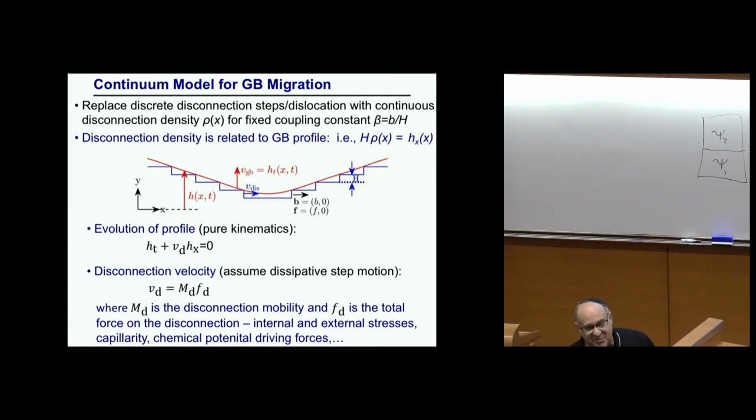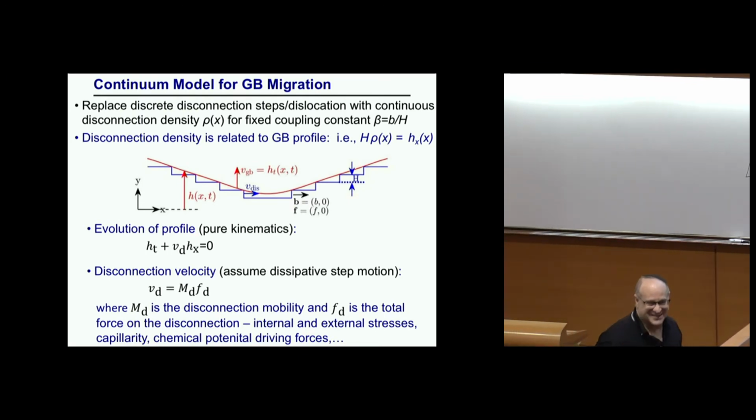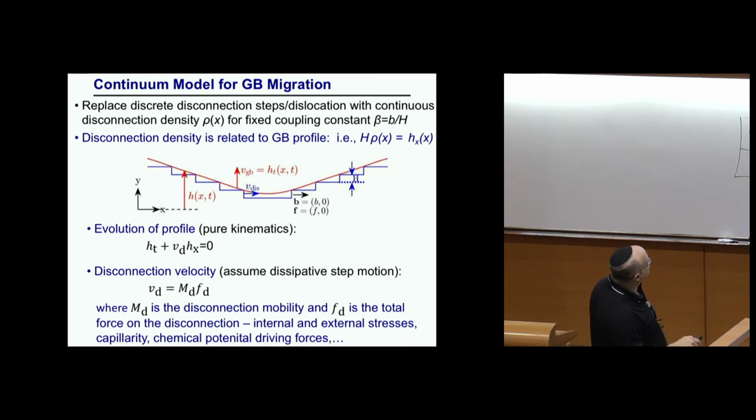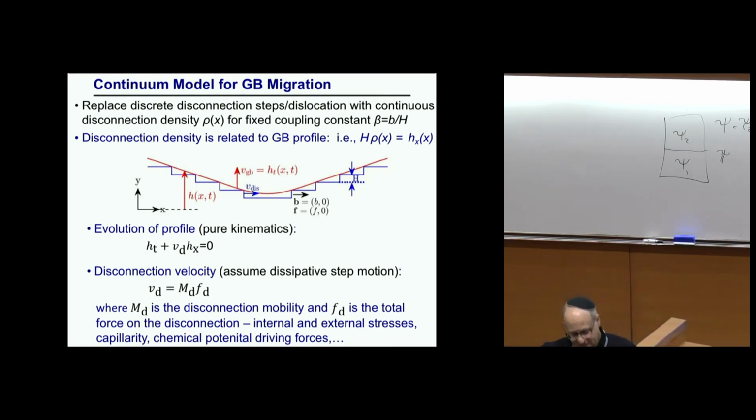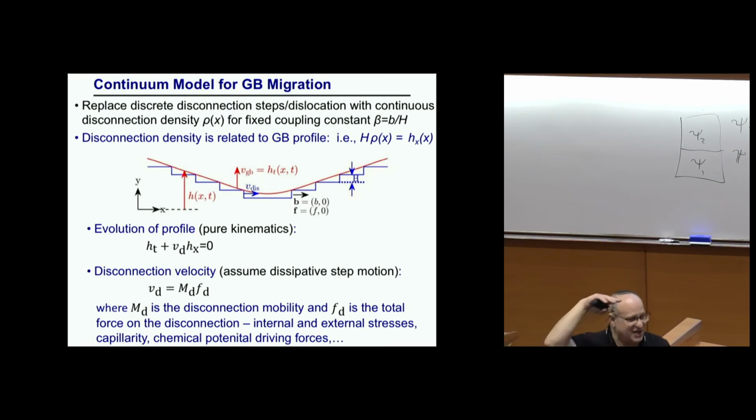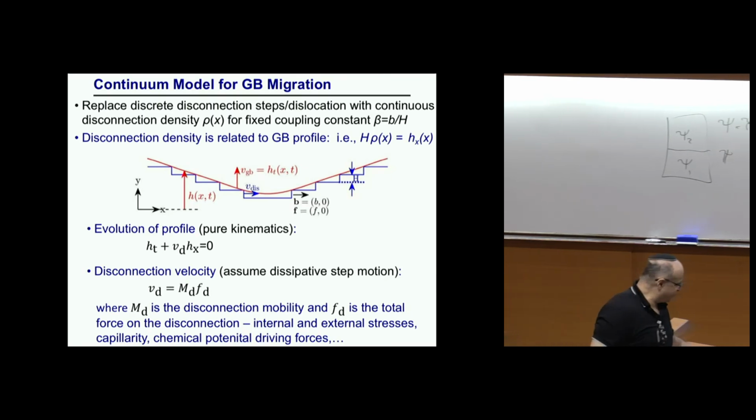It's linear response, so it's a good place to start. The mobility depends on all the details of the atomistic structure of the disconnections. And this force depends on the chemical potential difference. It's going to depend on the applied stress. It's going to depend on, as I'll show you, the curvature.